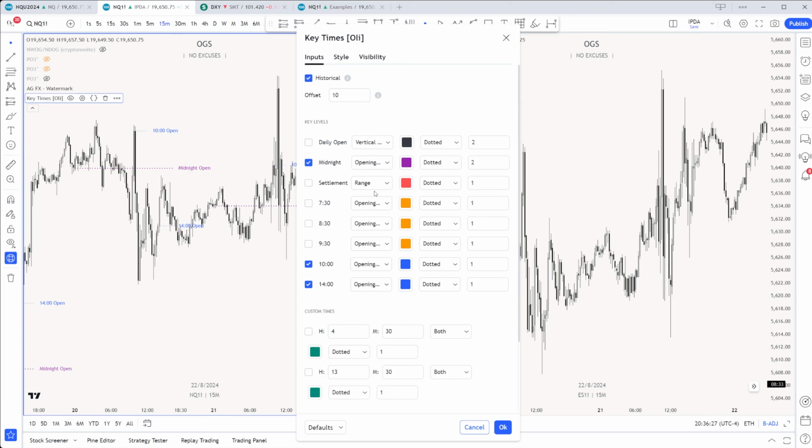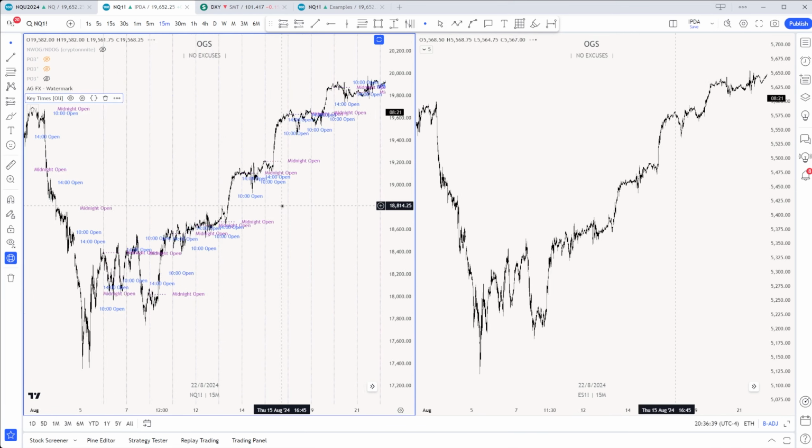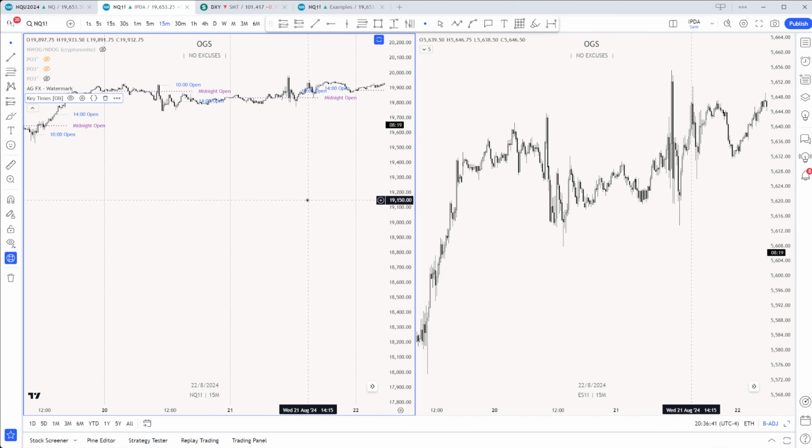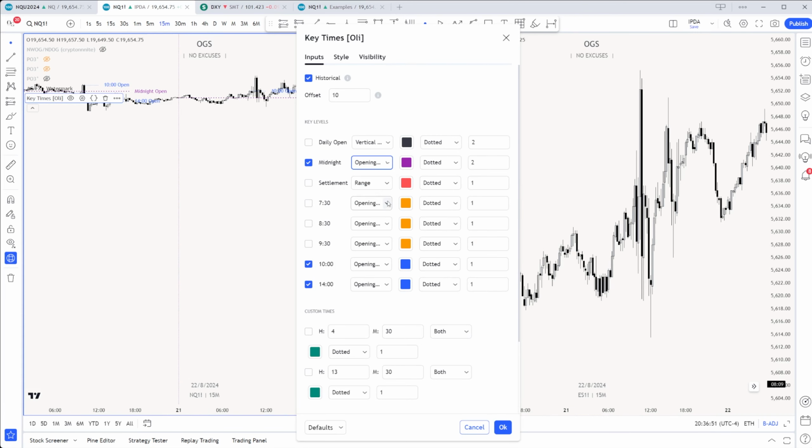Every single default time can be plotted off and not shown on your chart. And you can also choose to have both. So for example, I want midnight open separators. Now I'm having a little visual issues. If I zoom out and zoom back in, you'll see that it plots perfectly. They are now perfect to plot the vertical separators to separate my days specifically.